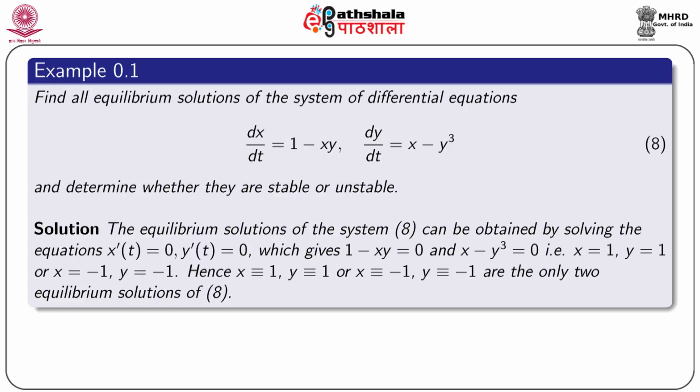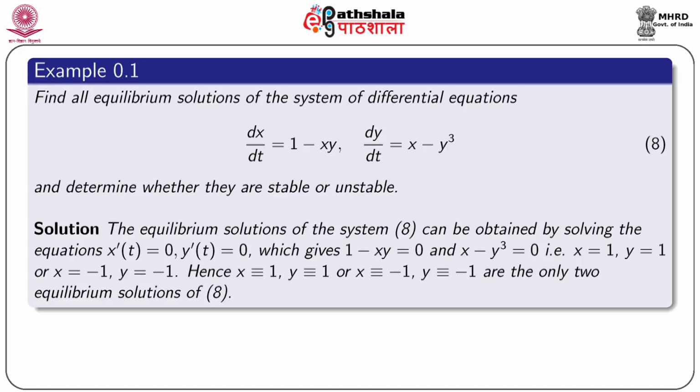Now, to find the equilibrium solution where both x and y are constants, we have to put dx/dt equal to 0 and dy/dt equal to 0, and this will give 1 minus xy equal to 0 and x minus y cube equal to 0.